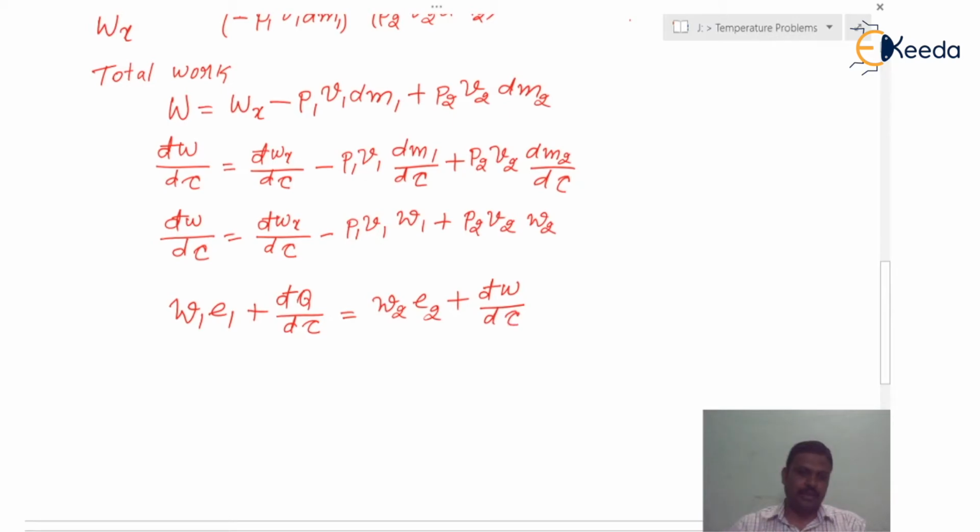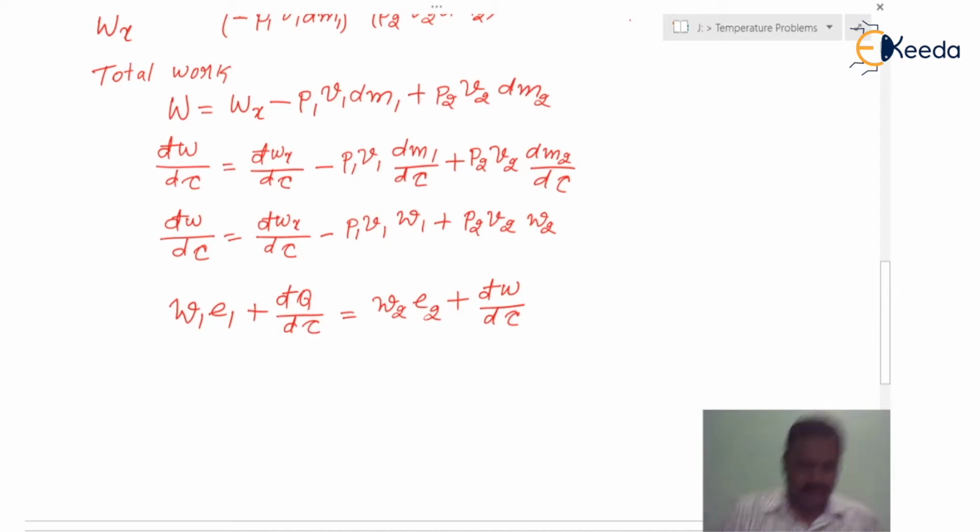Here E1 and E2 are specific energies carried by the fluid at inlet and exit, and dq divided by d tau is the rate of heat transfer across the control surface that is transferred to the system, and dW divided by d tau is the total work transfer across the control surface that is done by the system.